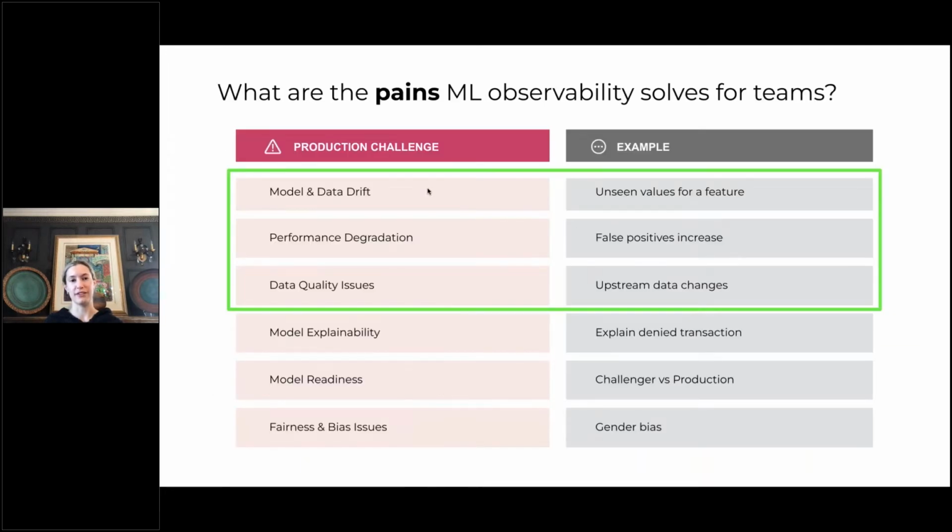So what we see for the main pain points with ML observability, we see these across a variety of industries and teams, is model and data drift. So being able to try to troubleshoot that, performance degradation, data quality issues, and then also around explainability, model readiness, and fairness and bias.